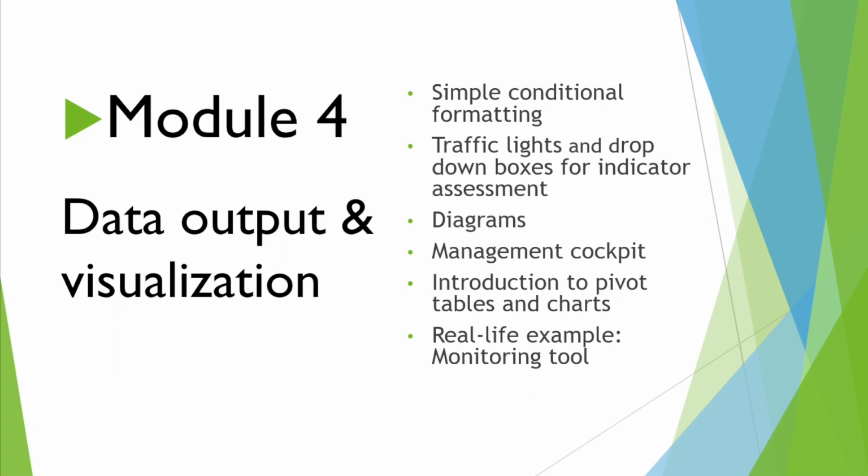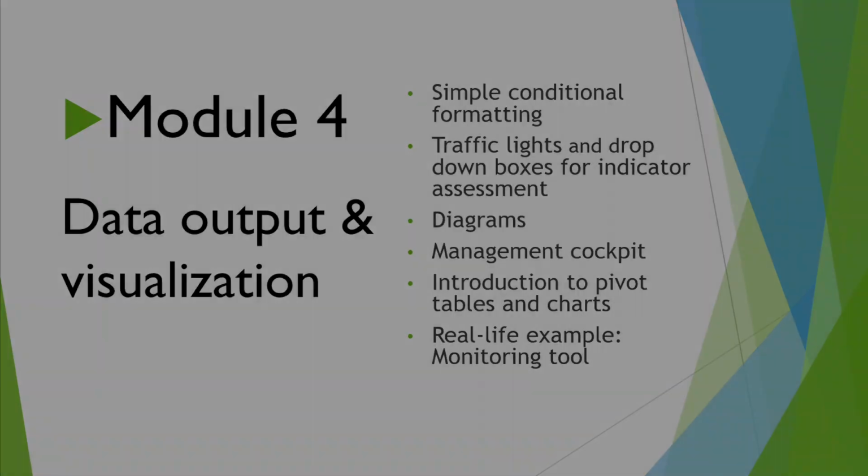We'll also introduce you to pivot tables and charts. Finally, some of the elements we covered will be summarized in a management cockpit, a creative and fun way to display all of your most important data and progress at a glance. In our real-life example, we will show you a monitoring tool that makes use of many functions and data visualization techniques that we covered in this course.